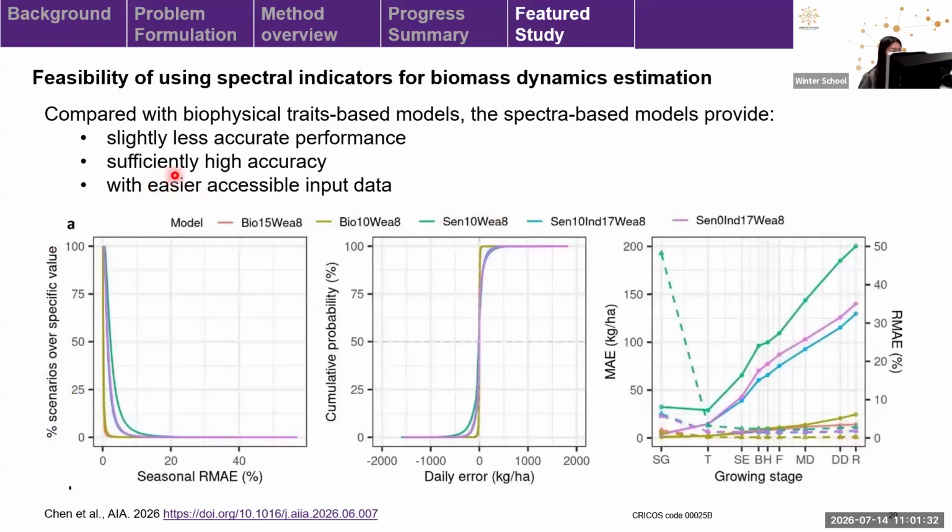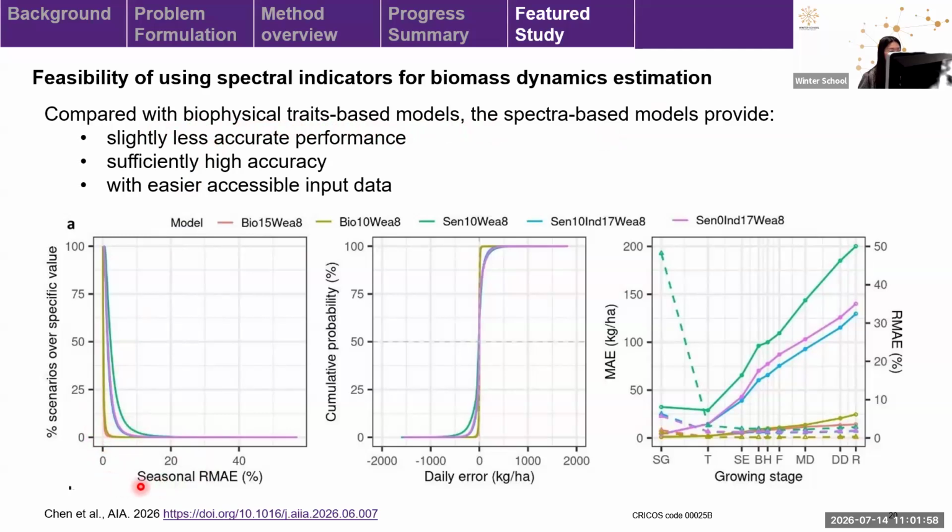And here I would like to present some results of our model. We compare our model with another baseline. Our model is spectral driven, and the baseline is biophysical trait driven. You can see here, these two lines are crop trait driven, and the other three are spectral driven.